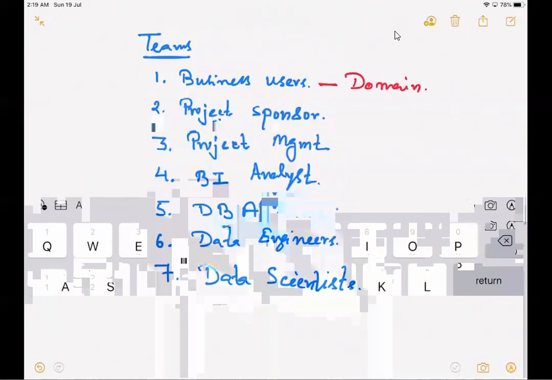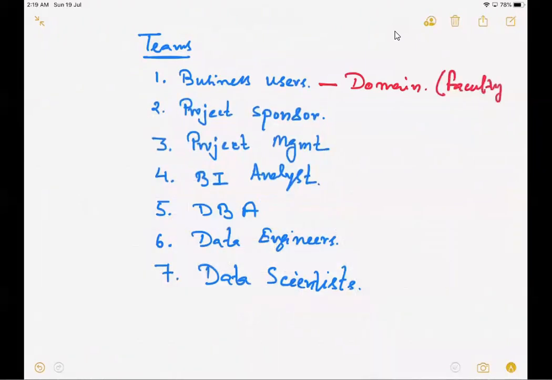For example, if at all we are trying to create one application for an engineering college, I'll be expecting somebody who has worked as faculty and also been a student, so that what is the process usually the business goes through, they should be able to tell clear upfront.